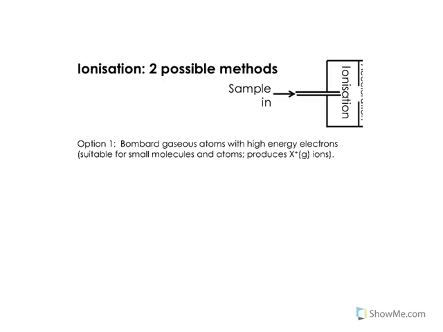Let's look a little more closely at ionization then. There are two different methods of ionization. The first one is commonly used with small molecules and atomic samples, and it requires the sample to be gaseous to start off with. So a gaseous sample of, say, atoms of X here are hit with a fast-moving, high-energy electron. The high-energy electron is sometimes said to be fired from an electron gun.